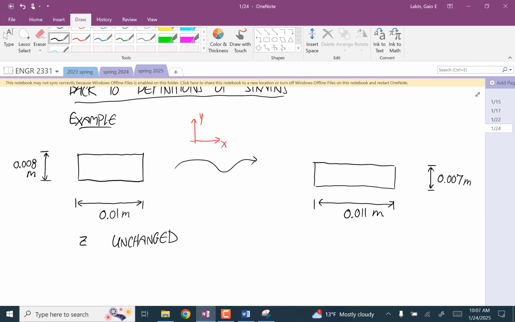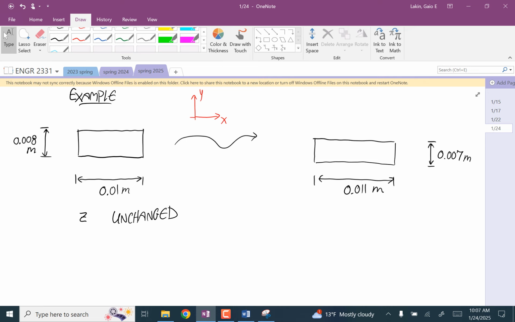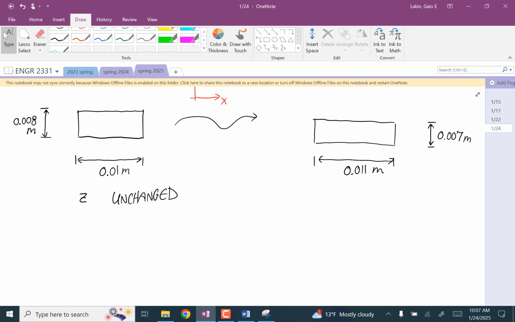Is it like a 10% change, way too high? Yeah, that's exactly how I want you to think of it. Yes, it's way too high. So what we're going to do here is calculate the normal strains.